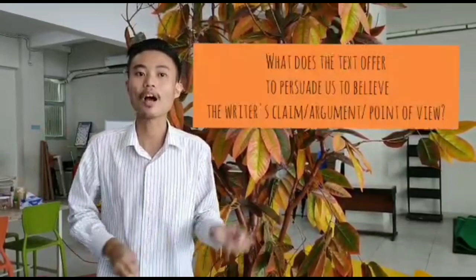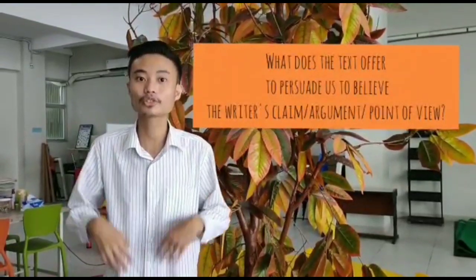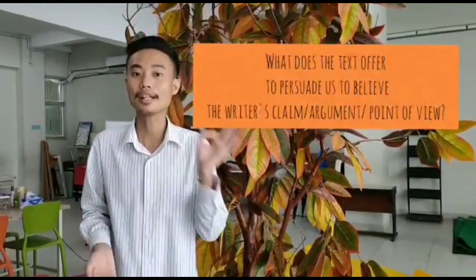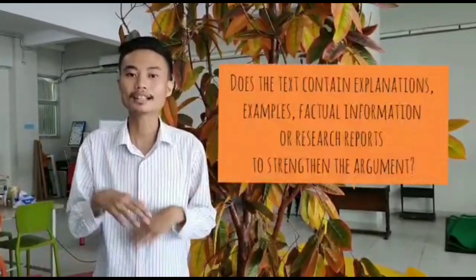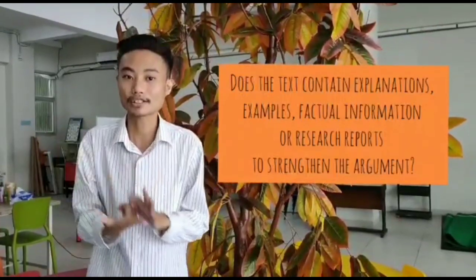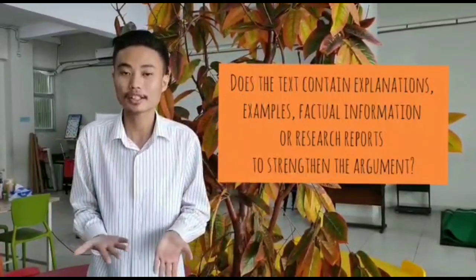The second one, what does the text offer to persuade us to believe the writer's argument, claim, or point of view? The third one, what does the writer use to convince us? This last one, does the text contain explanations, factual information, examples, or research report to strengthen the argument?